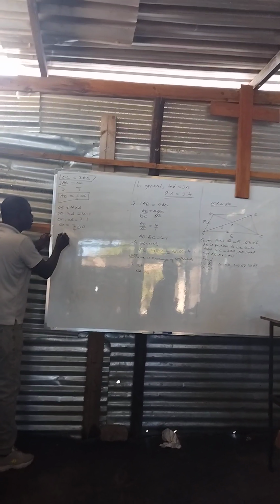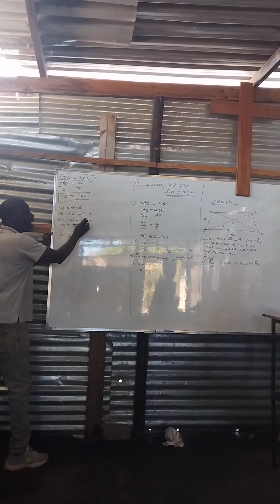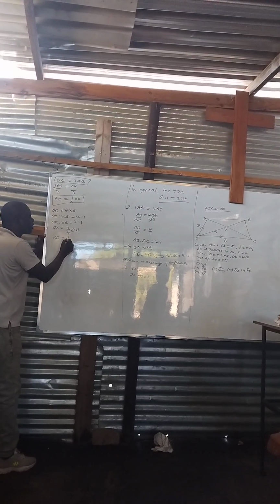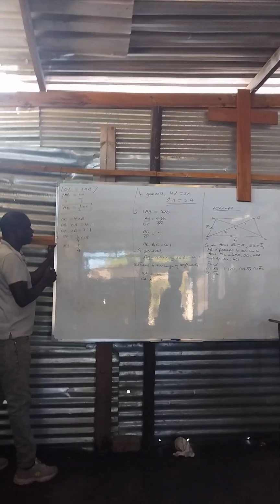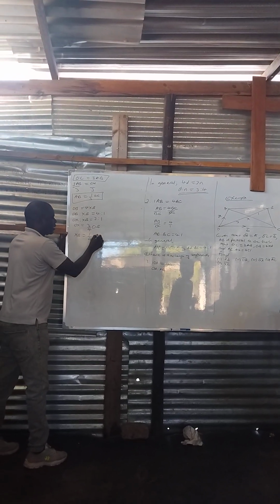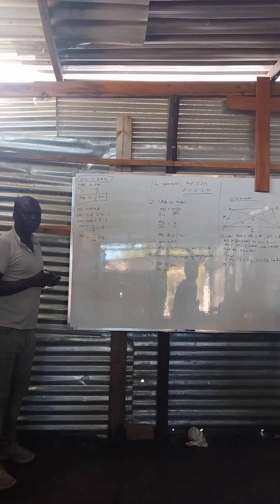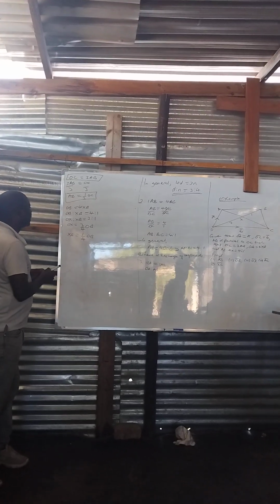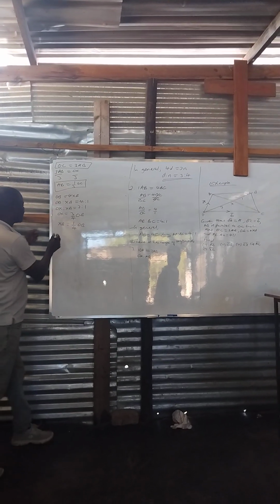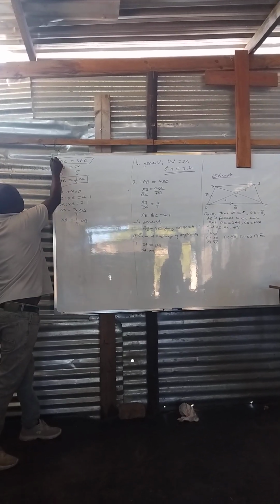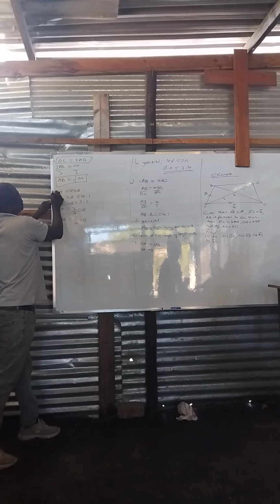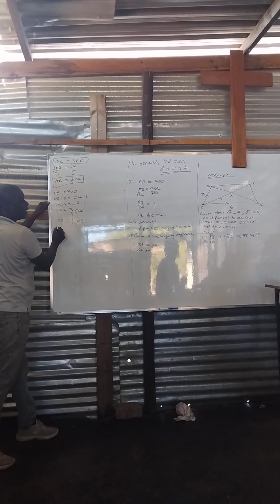Also, XB occupies 1 part out of the whole line OB. This is our first ratio, our second ratio, and the third ratio.